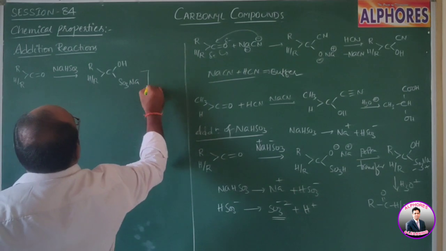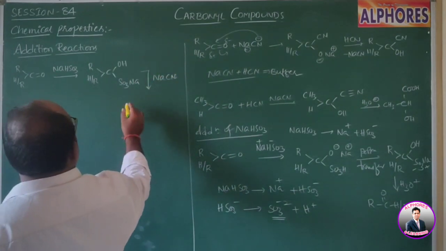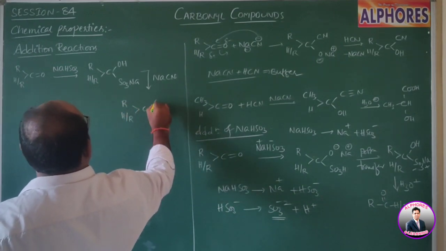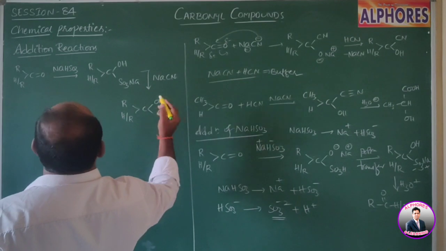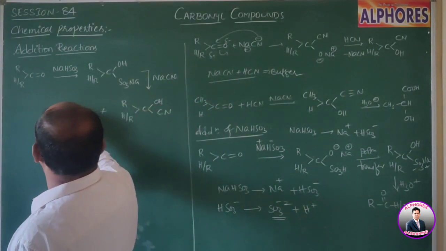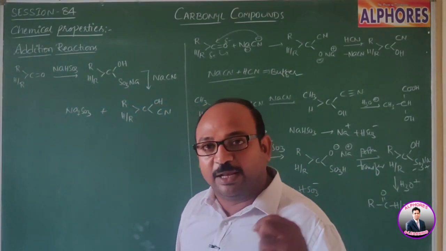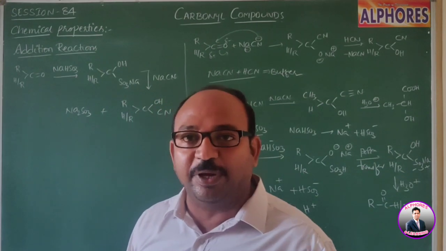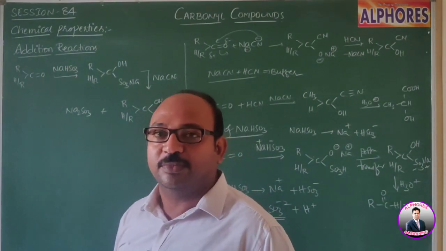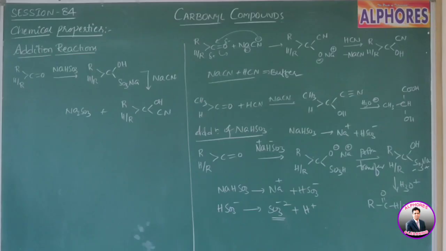Upon treatment with sodium cyanide, NaCN, SO3Na is easily displaced or replaced with CN, and we get Na2SO3 along with it. That means we can prepare cyanohydrins from the sodium bisulfite reaction product.